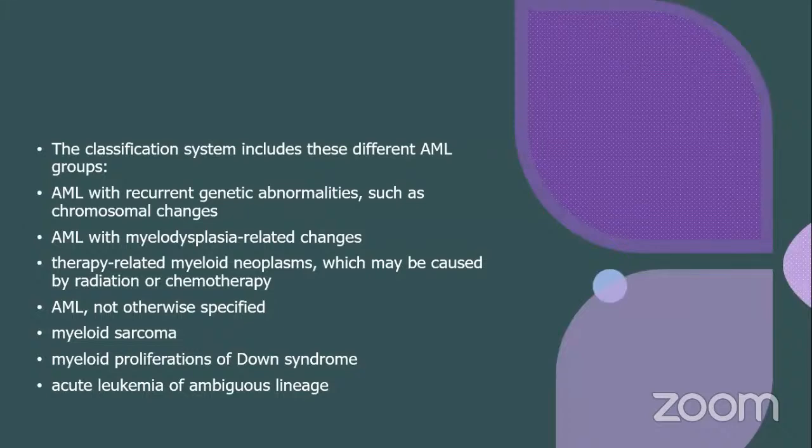So we have AML with recurrent genetic abnormalities such as chromosomal changes, AML with myelodysplasia-related changes, therapy-related myeloid neoplasm, which may be caused by radiation or chemotherapy, AML not otherwise specified, myeloid sarcoma, myeloid proliferations of Down syndrome, and acute leukemia of ambiguous lineage.